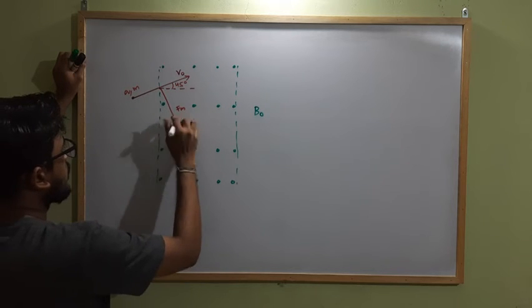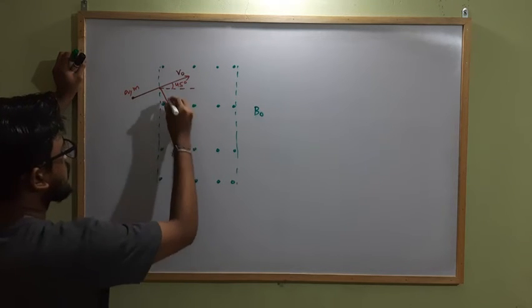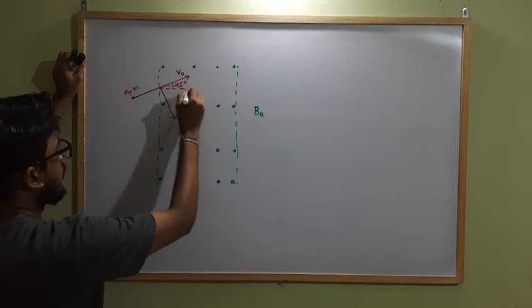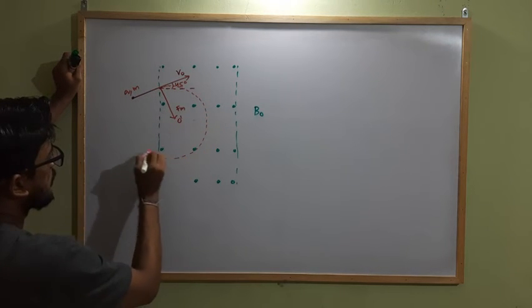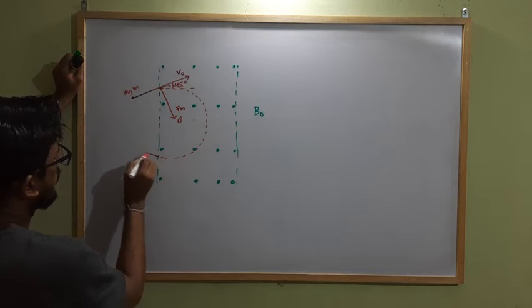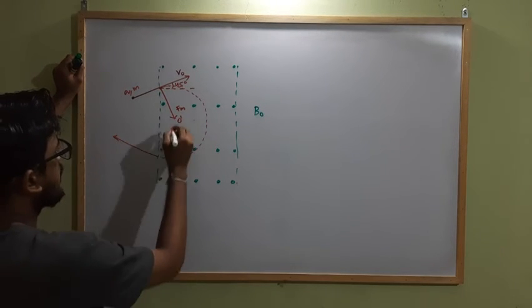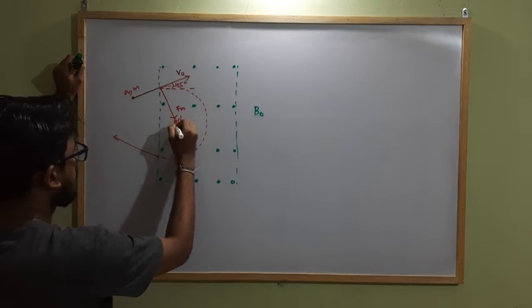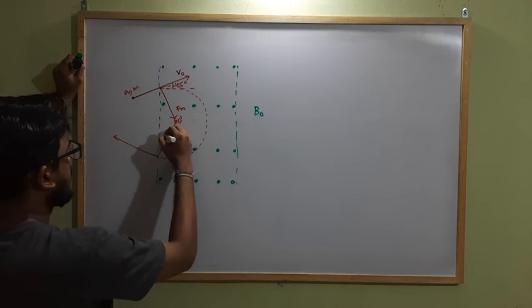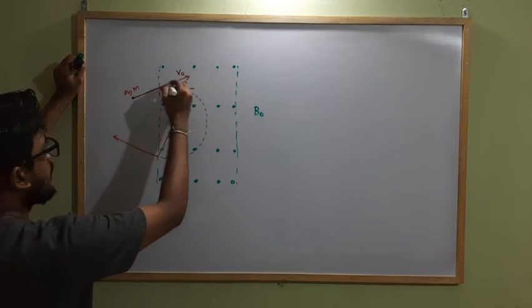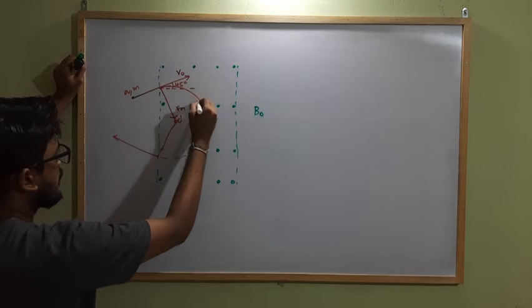If this is the center O dash, the charged particle will revolve along this path, and from this it will go away tangentially. So up to this end, the charged particle will move in a circular path like this.